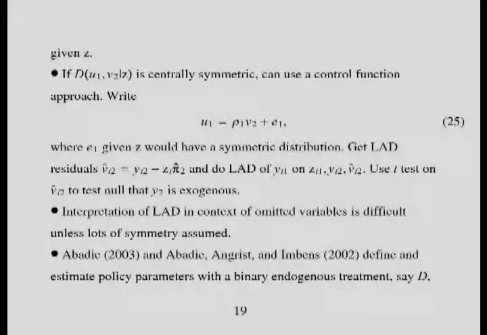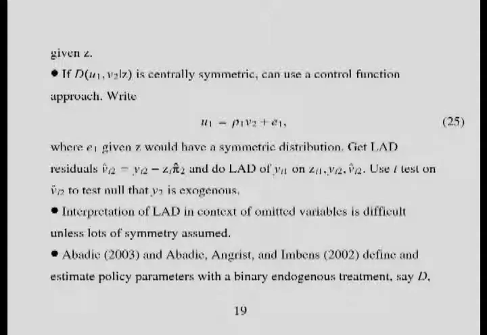Of course, you could do this via a control function approach under the same kinds of symmetry assumptions by writing U1 as this linear function of V2, and then E1 would have a symmetric distribution conditional on V2 and the exogenous variables.